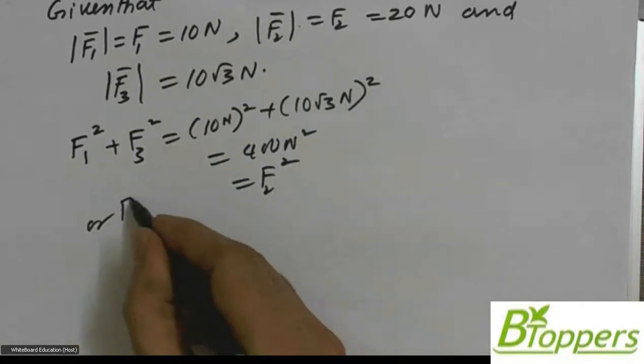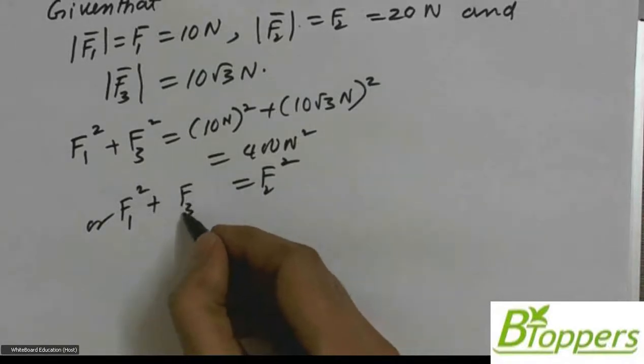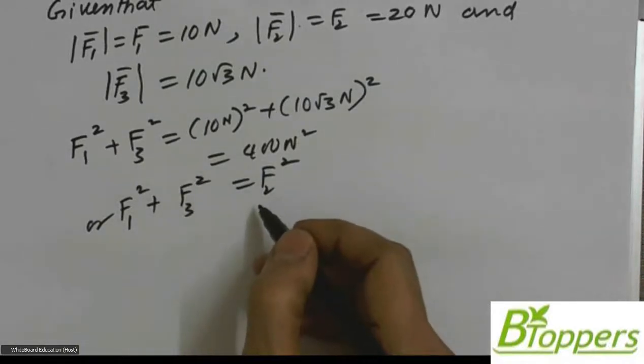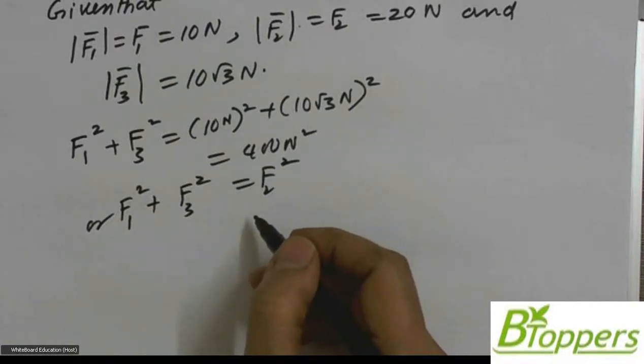That means here F1 square plus F3 square equal to F2 square. That means the three forces satisfy the condition of Pythagoras theorem. Therefore, the three forces can be graphically represented by the three sides of the right angle triangle.